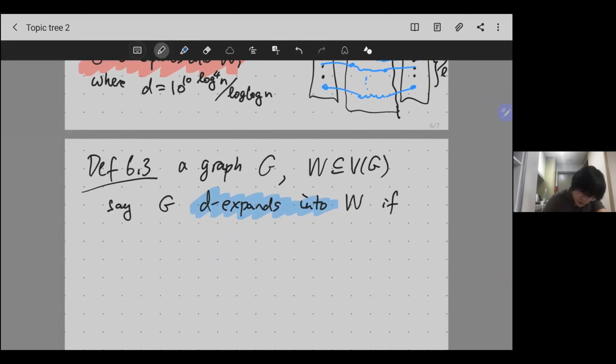the two conditions hold. First, we have small set expansion towards W. This is why the name is expands into.